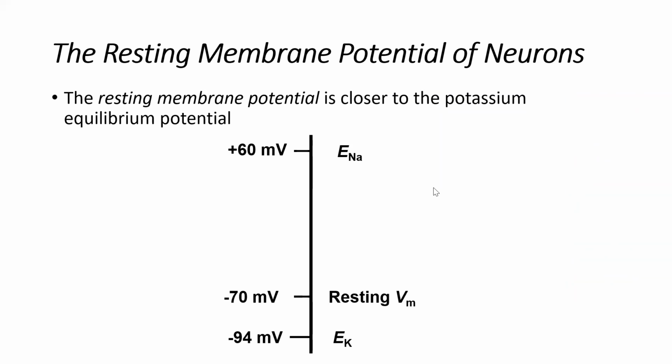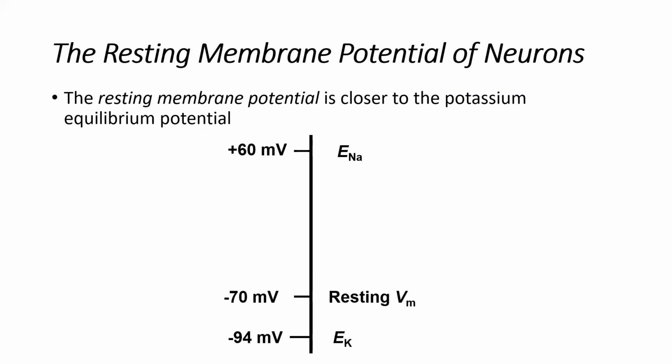All right. Now the resting membrane potential is actually closer to the equilibrium potential for potassium. That is going to be crucial in us speaking about the action potential later on. So the resting membrane potential is -70 millivolts, meaning that there's an excess of negative charge inside the cell.